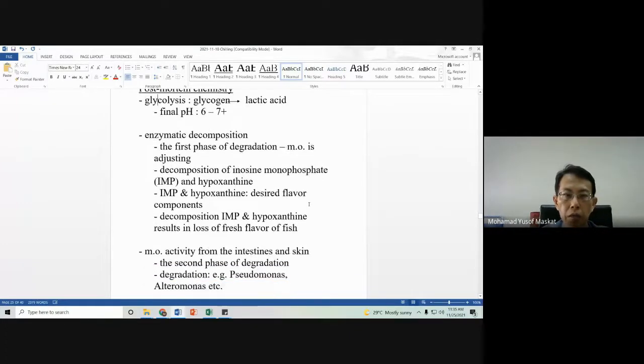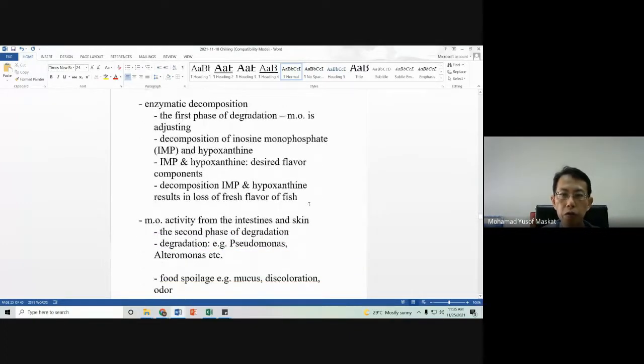The decomposition, the first phase of degradation: microorganisms are adjusting themselves to grow. Decomposition of inosine monophosphate or IMP and also hypoxanthine will occur. IMP and hypoxanthine are the desired flavor components in fish or seafoods. Usually in Malaysia, for fresh seafood, we call it rasa manis.